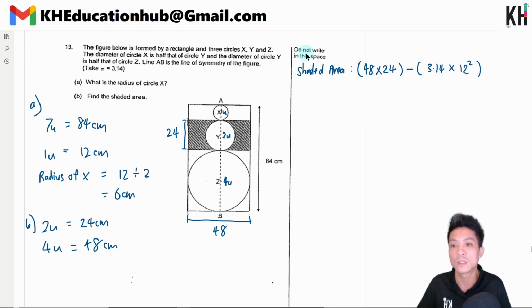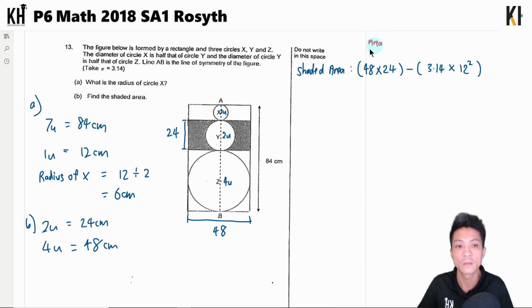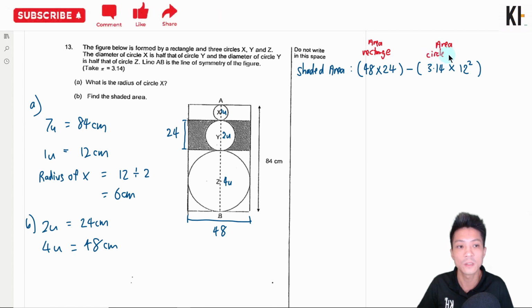This one is the area of the rectangle, and this is the area of circle Y. I'm going to subtract them.